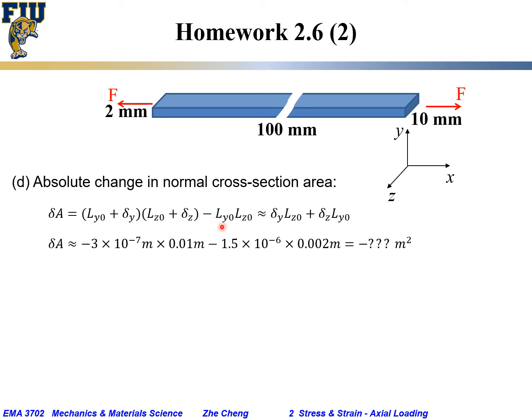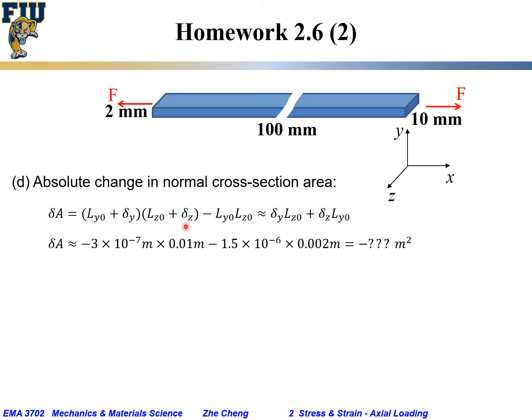The initial cross-section area would just be the dimension along the y direction times the dimension along the z direction, Ly0 Lz0, and then the final state would be the initial dimension along y plus the absolute change delta y, times the initial dimension along z plus delta z, and then Ly0 Lz0 got cancelled.